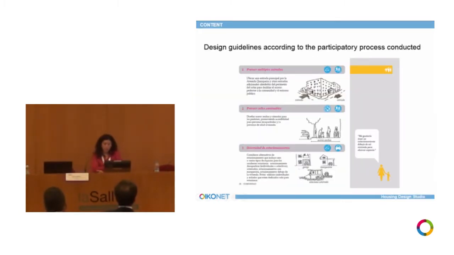And these guidelines were made from these decisions. For example, they decided that they wanted the taller buildings facing the main street and the lower buildings behind that. They wanted walkable streets, diversity of parking, and wanted their houses to be closer to the public transportation.